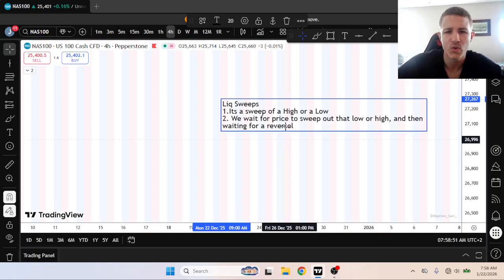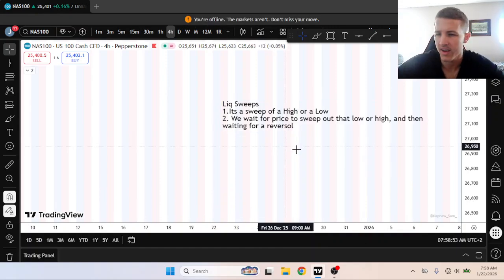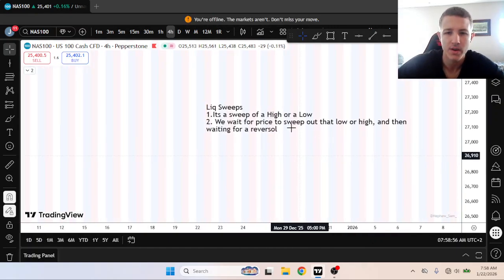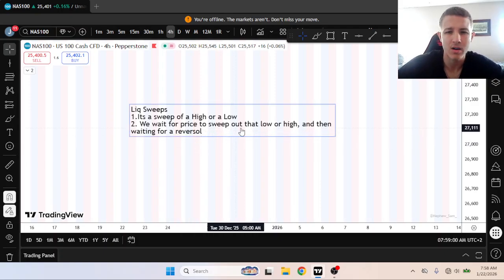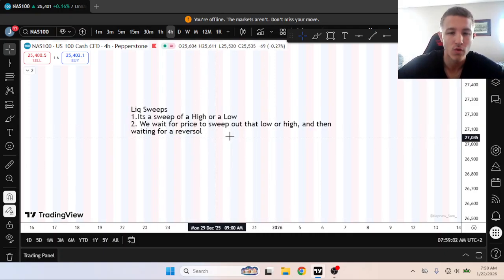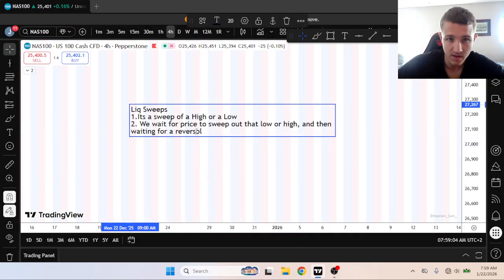Waiting for a reversal into our confluences. We're going to come into that later. Now we're only doing liquidity sweeps. So we wait for price to sweep out the low or the high, and then we wait for a reversal.